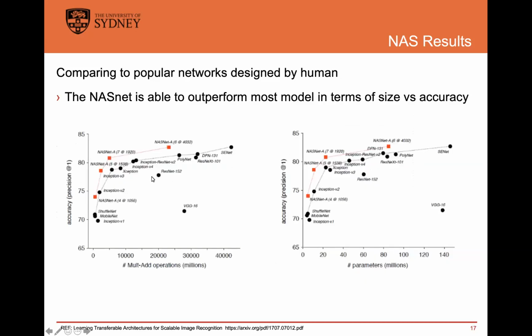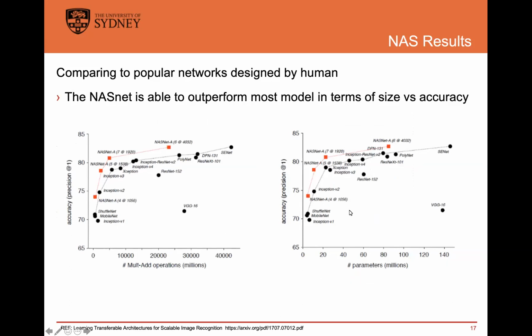This is a comparison between the number of parameters as well as the accuracies they've got. You can also see the baseline models compared to all the other ones that we have on ImageNet. Both of them are based on ImageNet. This is the number of parameters, and this is the multi-add operations. This is basically how many operations you need to do to train the model.